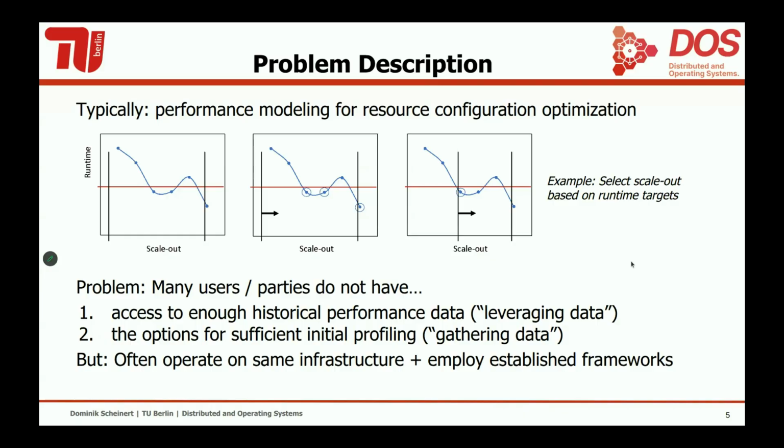So these days, many workloads are run in the cloud. And so, of course, if you manage to learn how particular machine types are working, you could maybe leverage this information. And also, many of the workloads are implemented in established frameworks. And of course, they are also operating in a certain fashion, which you might be able to exploit.